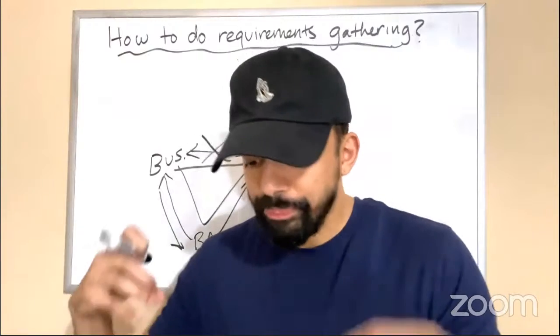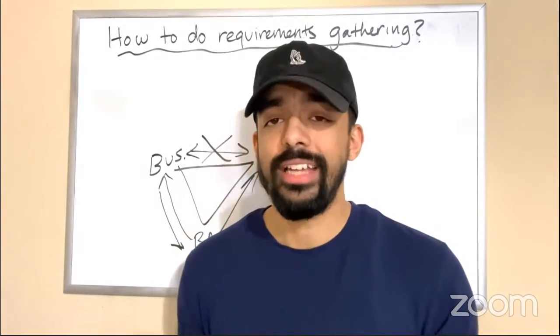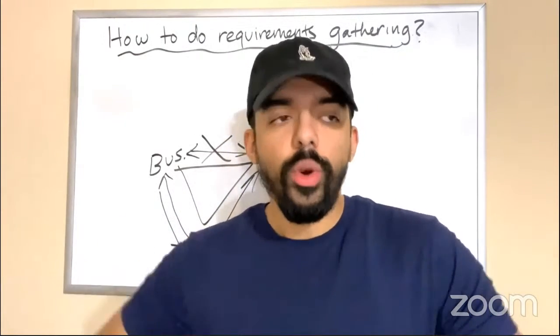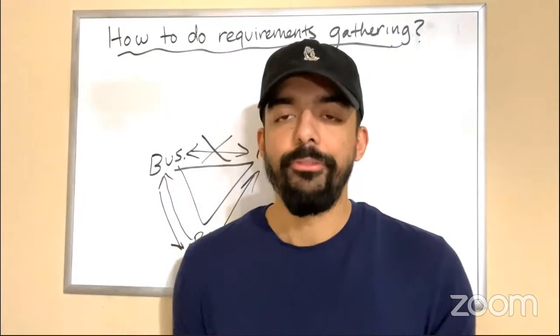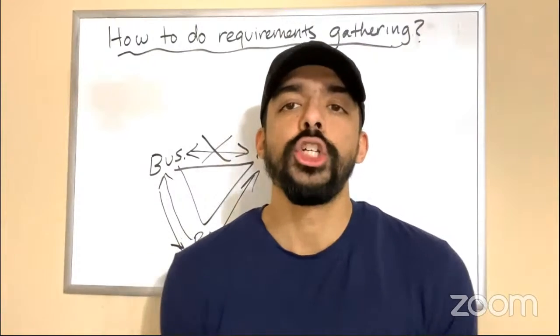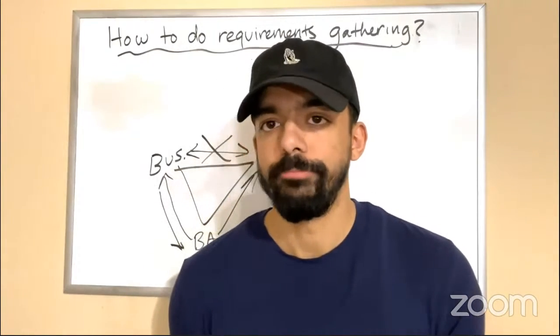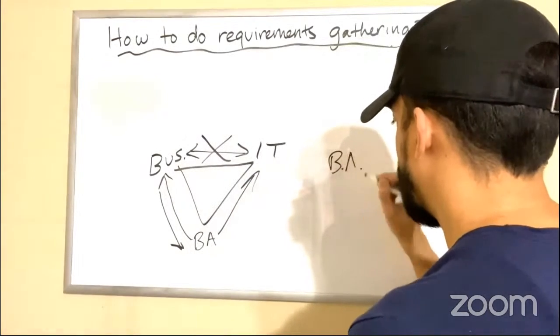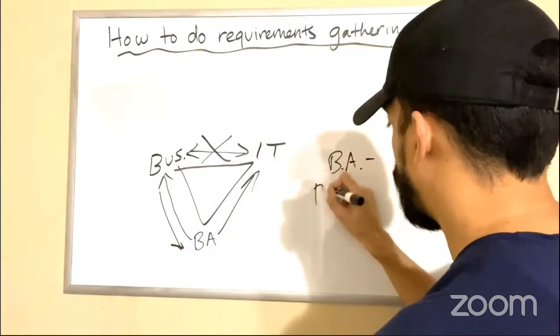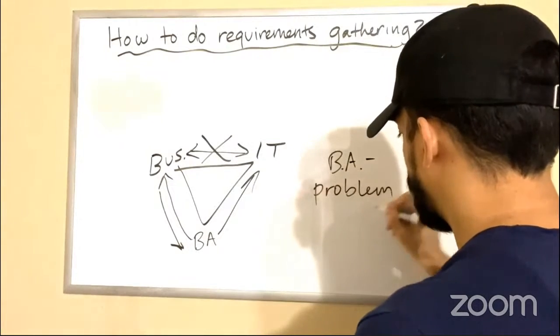As a business analyst, the first thing that's going to happen is you're going to be assigned a project. Once you're assigned a project, the first thing to do is understand what the project is about. You are, as a business analyst, a problem solver.